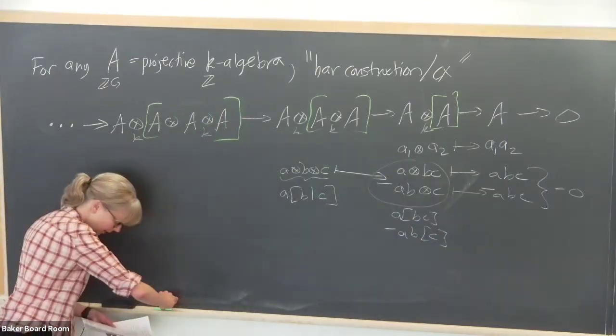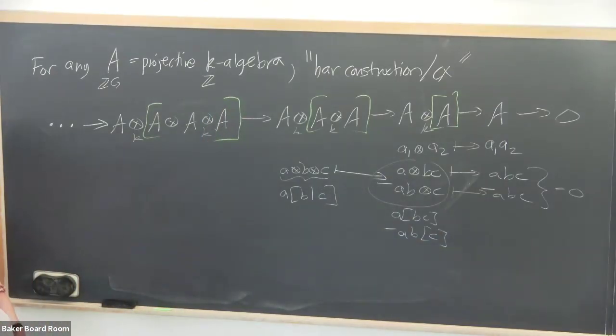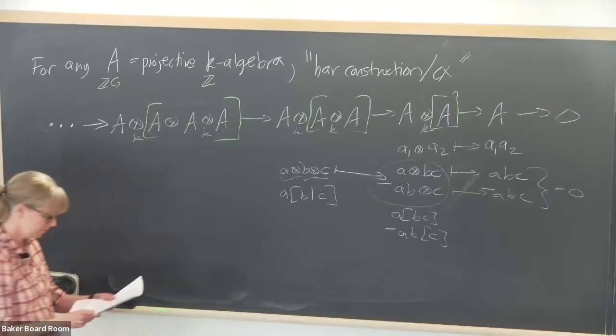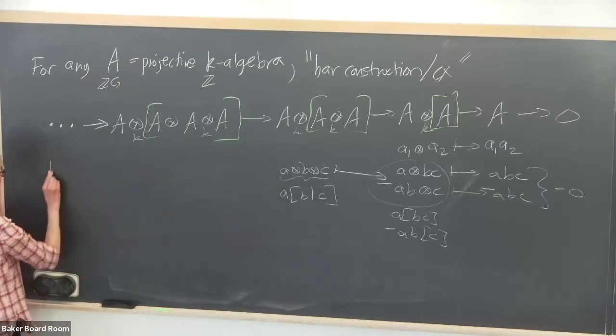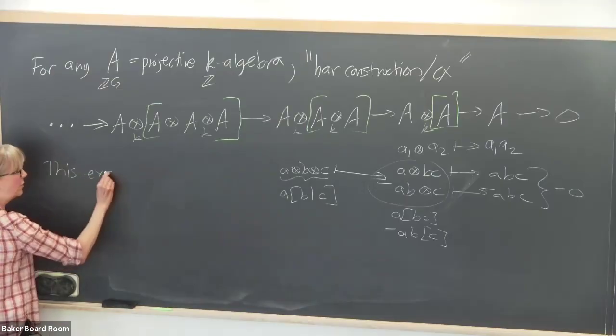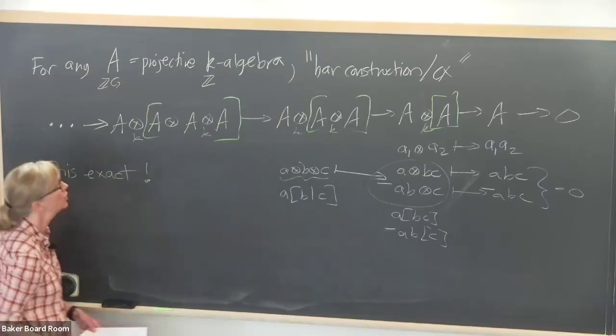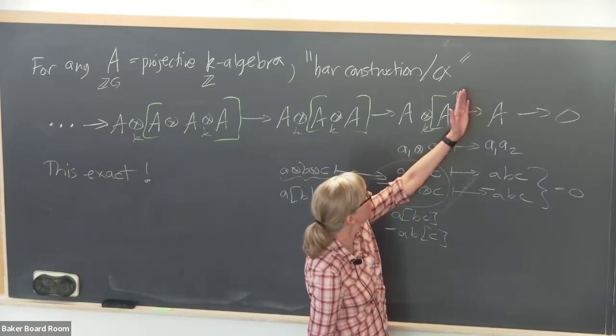Okay, so there are about 10 ways to introduce the bar resolution, and I had to choose one. So this is exact. So this is kind of a universal resolution of something. So if you cut it off here, it's exact.